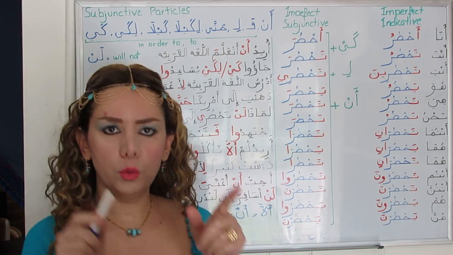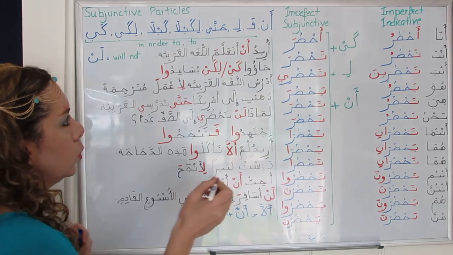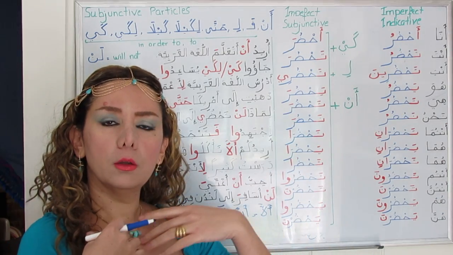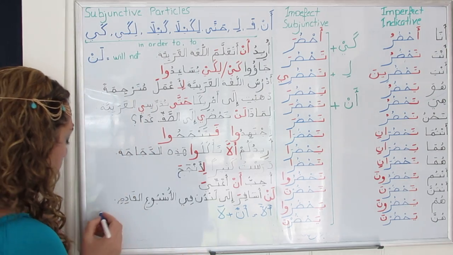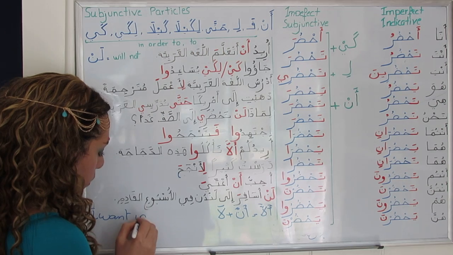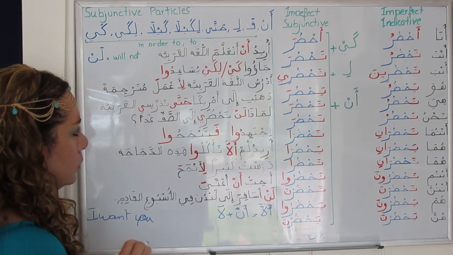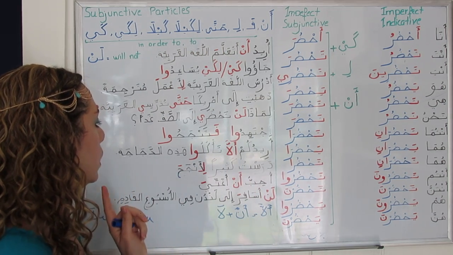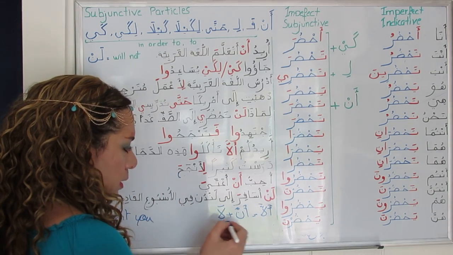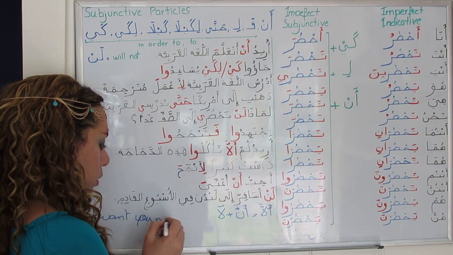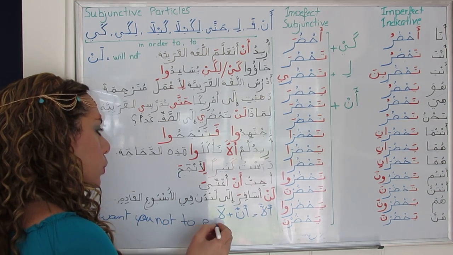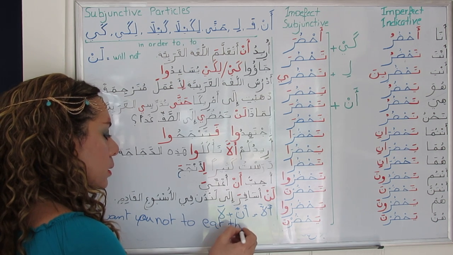I want you, أريدكم, أريد is conjugated in the imperfect indicative, first person, أنا. I want you, أريدكم, I want you not to. So this is not to. Not to تأكلوا, not to eat this chicken.